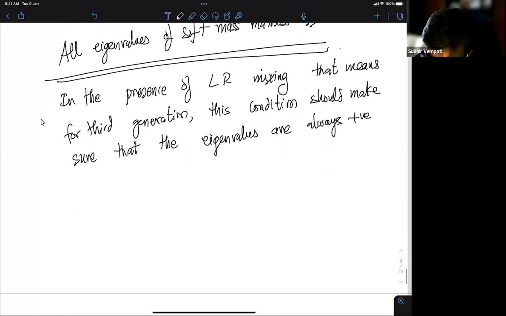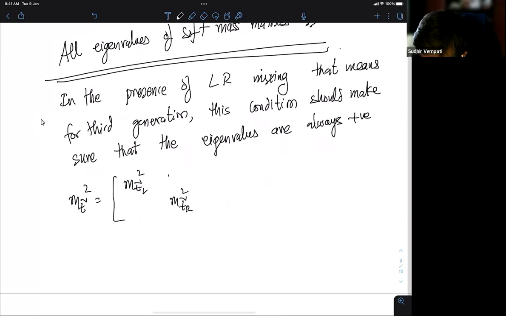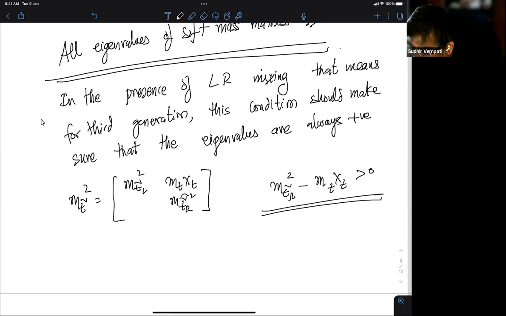So, for example, if the stop mass matrix is essentially m_TL squared, m_TR squared, and y_t X_t, or m_t X_t, then there should not be anything making m_TR squared negative. If the lowest eigenvalue is something like this, then it should always remain positive. Some conditions very similar to this should be valid, so that the stops do not get a vacuum expectation value.